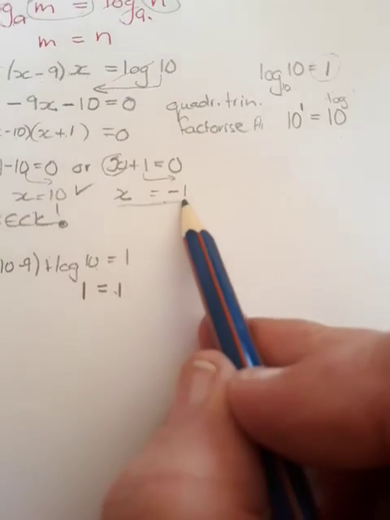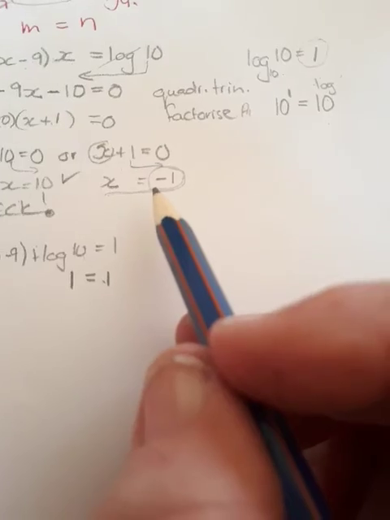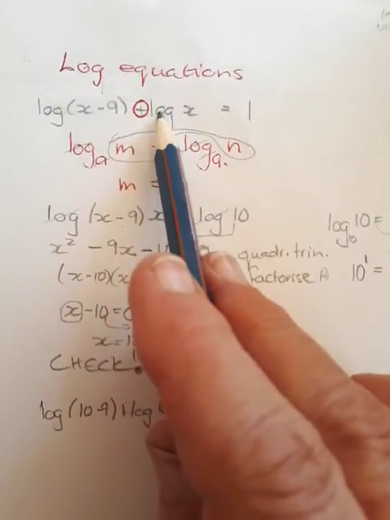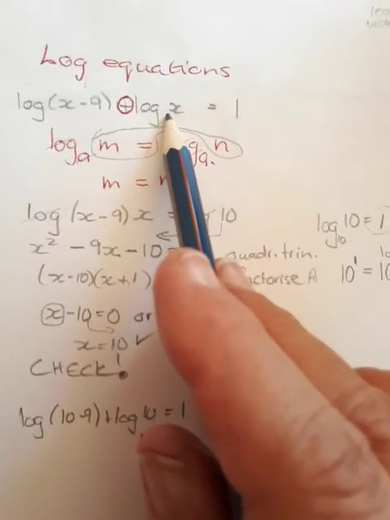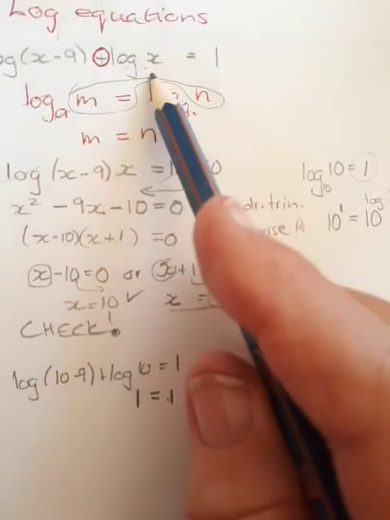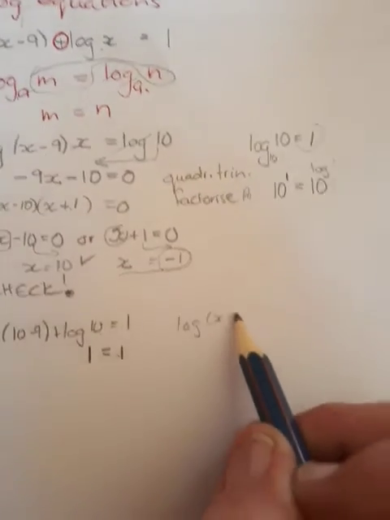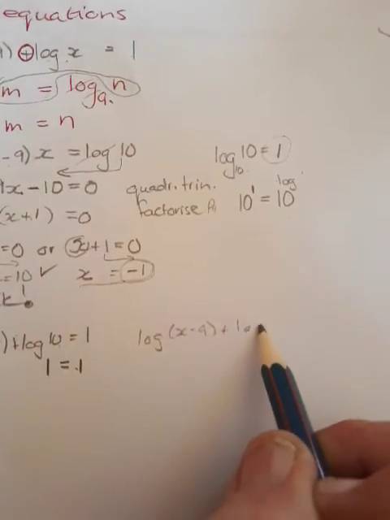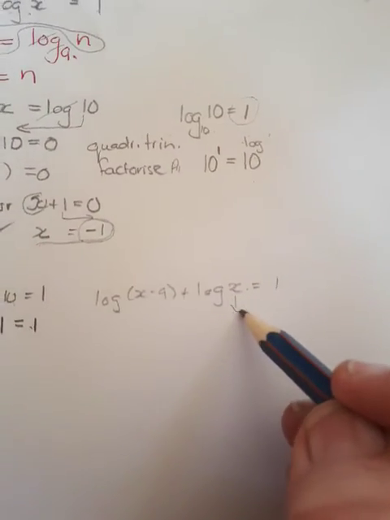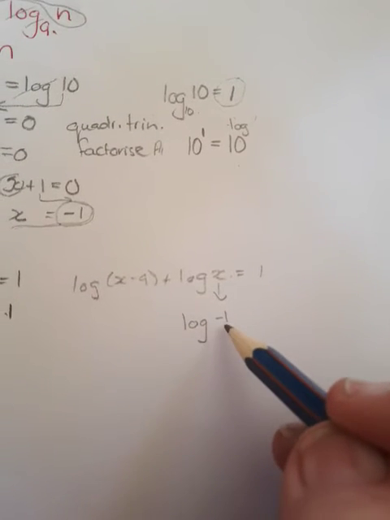But if you look at that one, already you should see that there is a negative value. So with that one, you don't even need to write the whole expression, because look here, there is a log x. If you substitute that x in log x minus 9 plus log x equals 1 with minus 1, here you will have log minus 1.